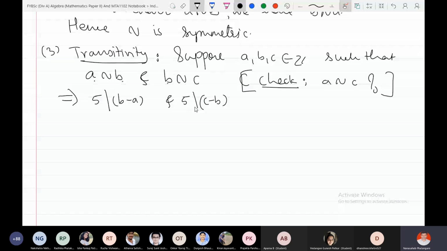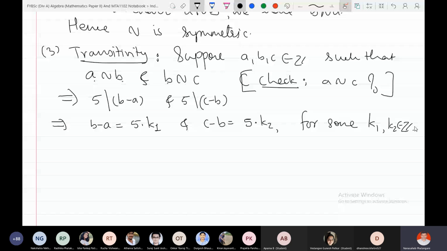But when I say 5 divides b minus a, that means b minus a has 5 as a factor. So it is 5 times some k1. And c minus b is 5 times some other factor, k2.